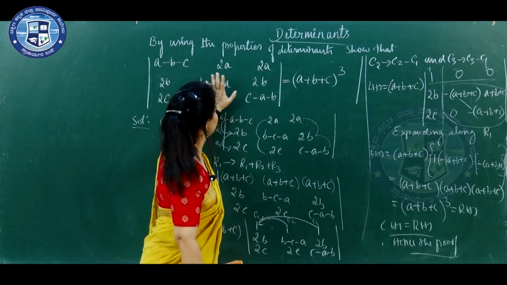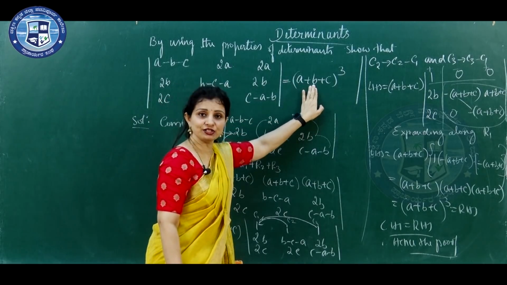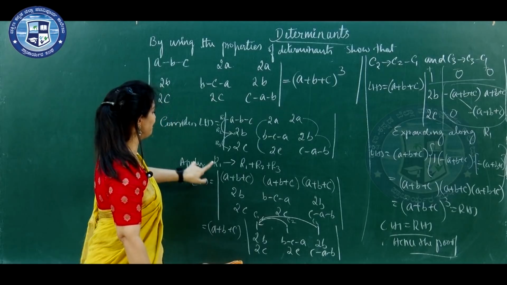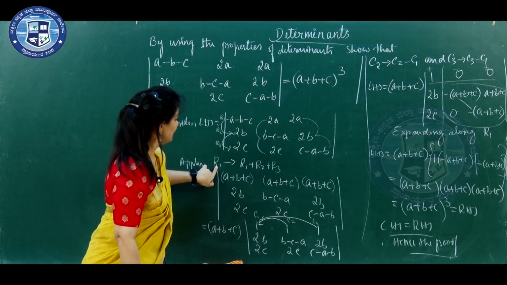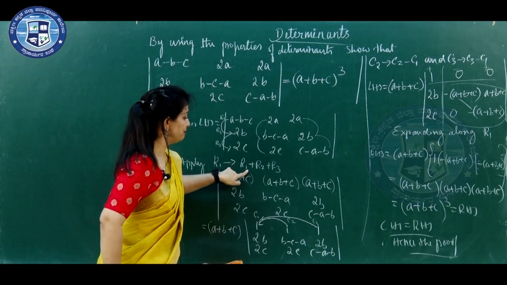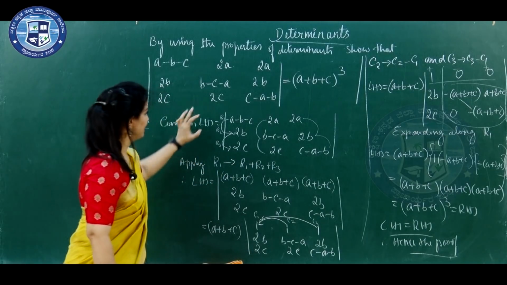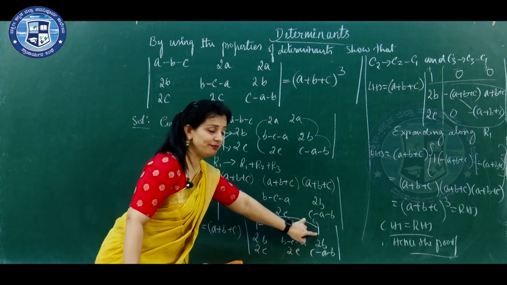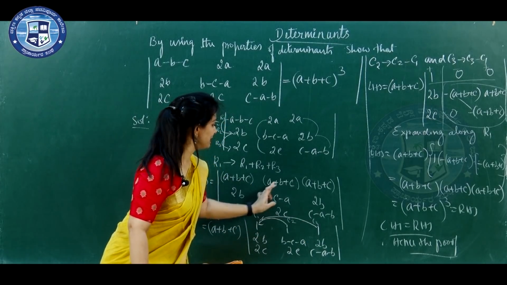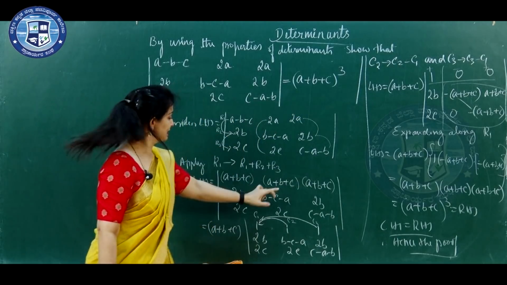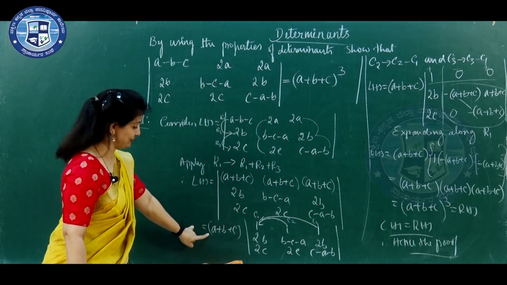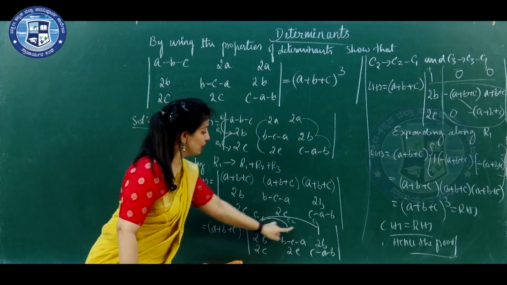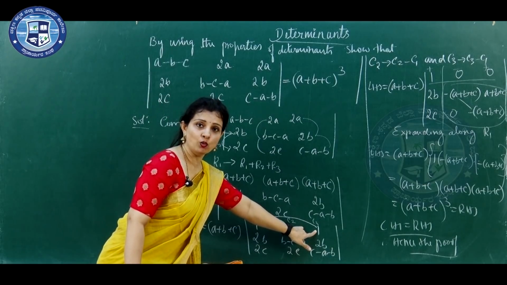We have to get the factors of RHS. So, first we applied the operation R1 implies R1 plus R2 plus R3. When you add R1, R2 and R3, we get first row elements as A plus B plus C, which is the factor of RHS. So, take the factor of RHS outside, that is A plus B plus C into. Observe this, first row elements are 1, 1, 1.